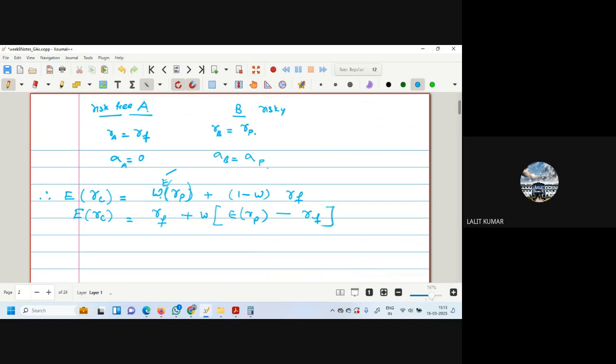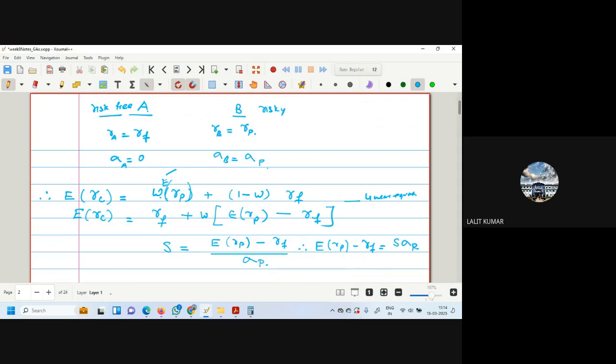Is this formula okay? This is a linear equation. Now they have introduced a new term, the Sharpe ratio, which is defined as ERP minus RF divided by sigma of P. Therefore, ERP minus RF is equal to S into sigma P.